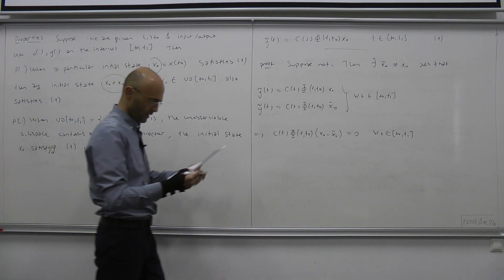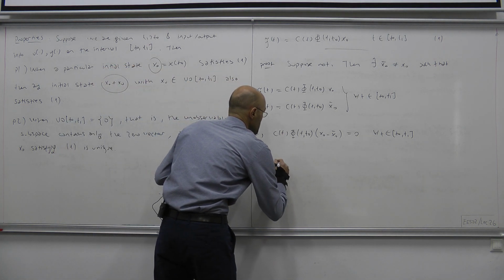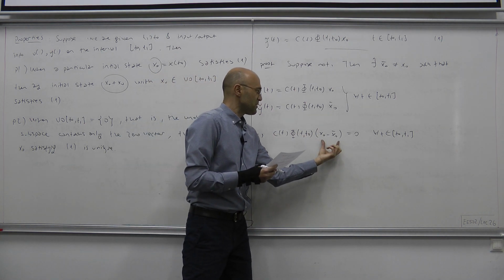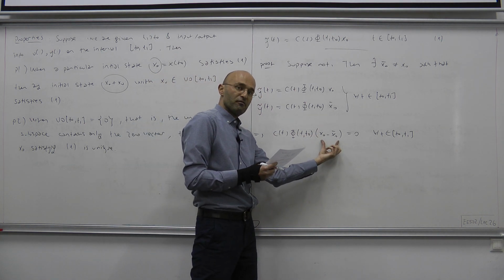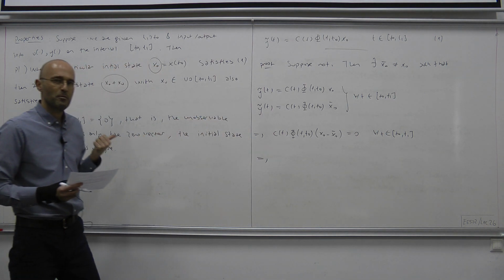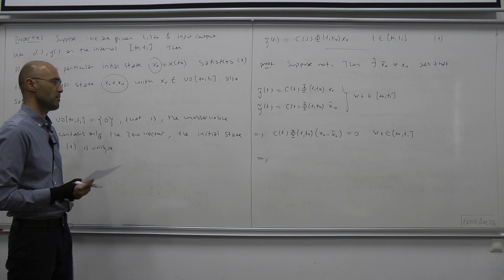So by definition, this vector, the difference x0 minus x0 bar, must belong to the unobservable subspace. That's the definition of the unobservable subspace.